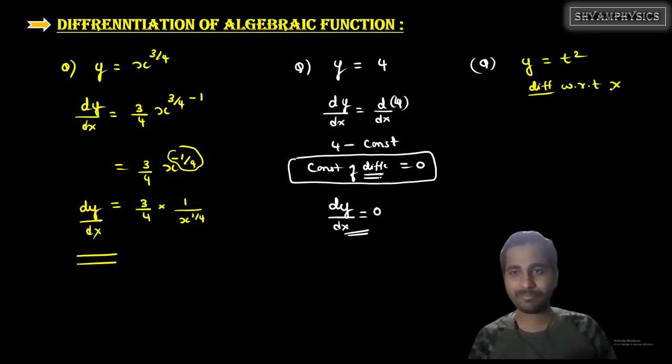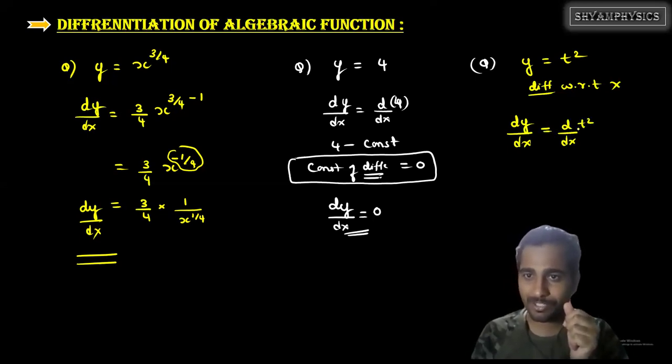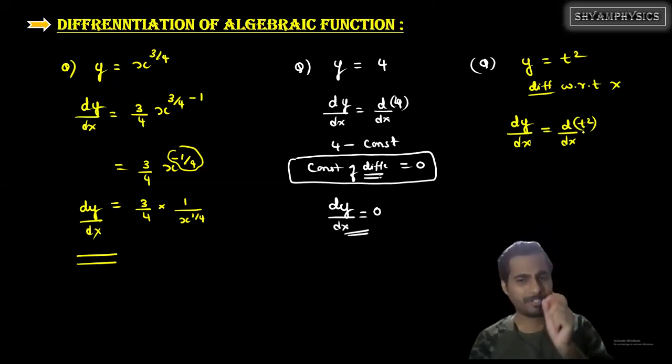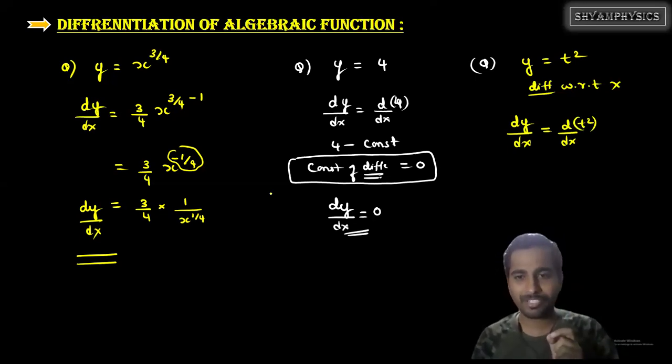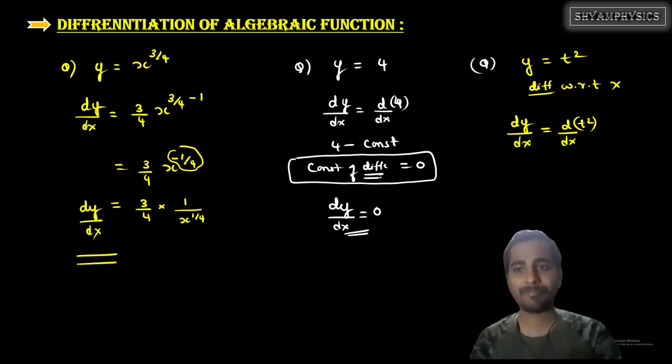It is very simple. dy by dx is equals to d by dx of t square. Do you remember what I told during differentiation? If you are differentiating with respect to x, this function also must be in terms of x only. Now it is in terms of t.